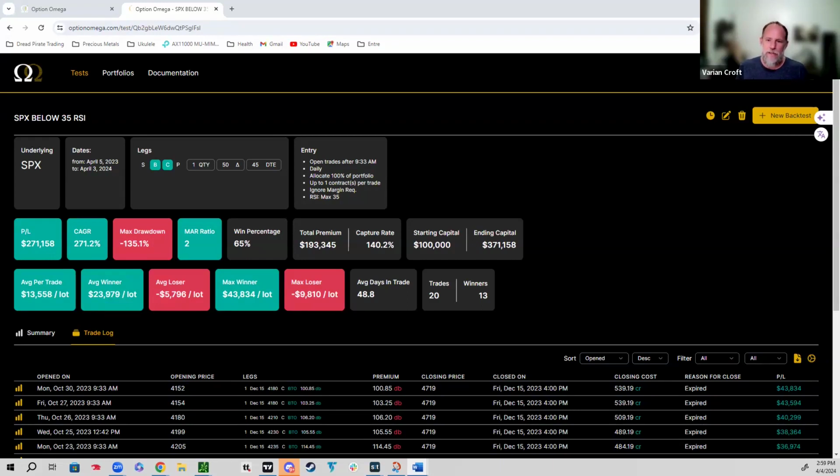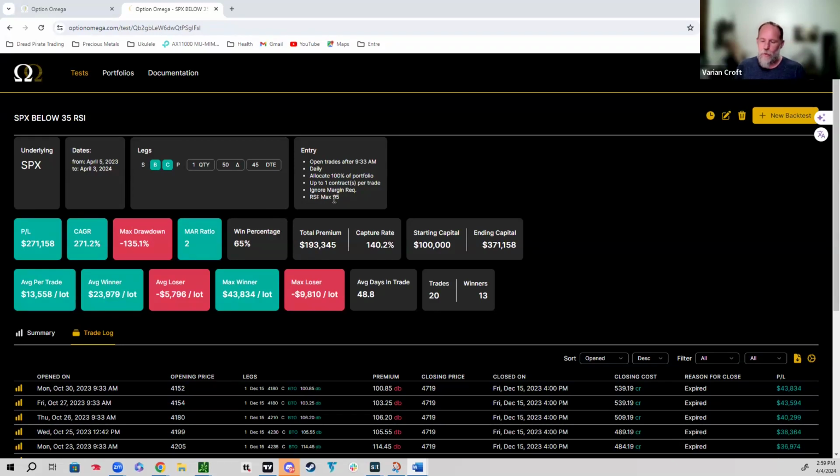As we talked about today, one of the things RSI helps signify is when a stock is overbought or oversold. So I did something real simple here on the SPX. Any days that the RSI was below 35.